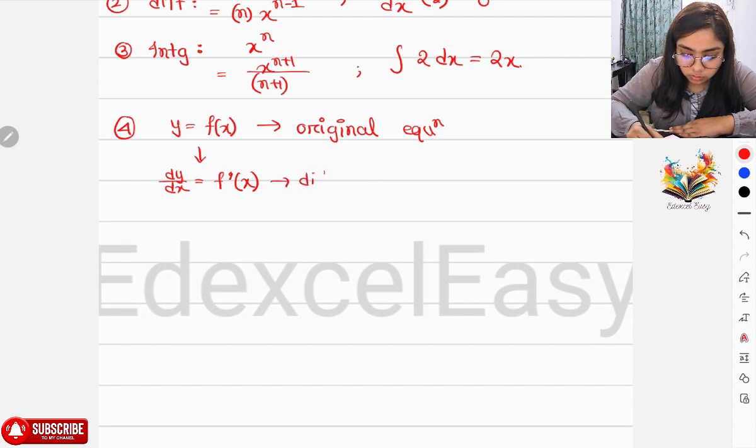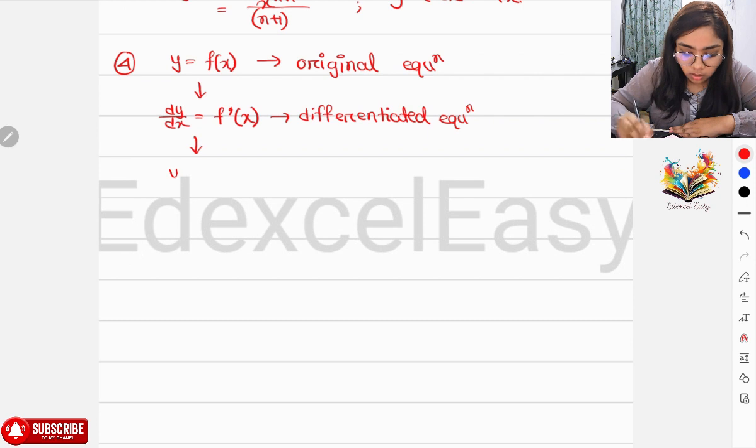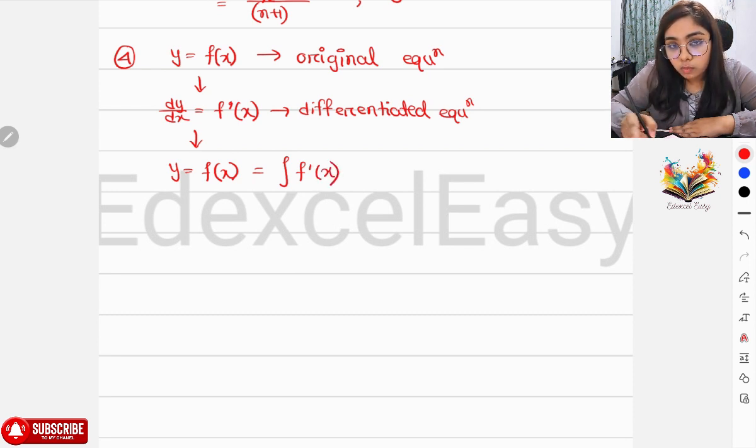This is your differentiated equation. After this, if in some cases you want to go back to your original equation from this differentiated equation, what you would have to do is that f(x) is basically the integration of f prime x. If you can integrate your differentiated equation, you can go back to your original equation.